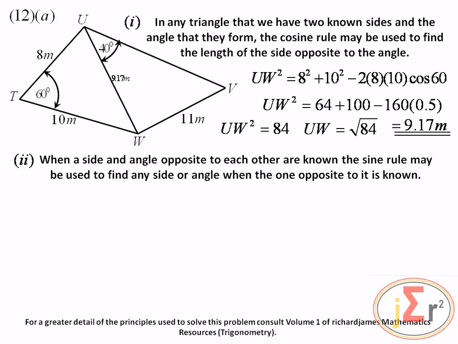So if we have a particular triangle with one known side and the angle opposite to it, we may find any side or any angle as long as the angle or side opposite to that one is known. So in this case, we need to find the size of the angle UVW.